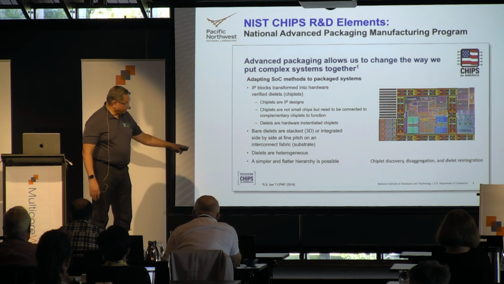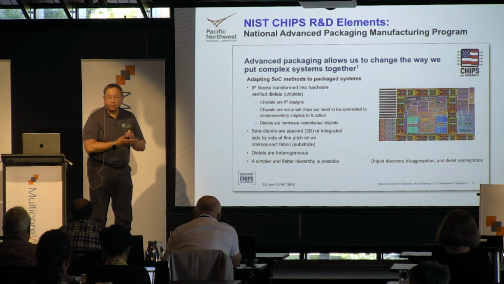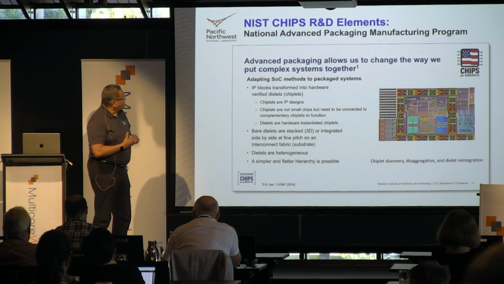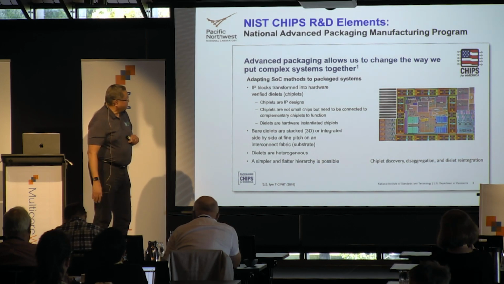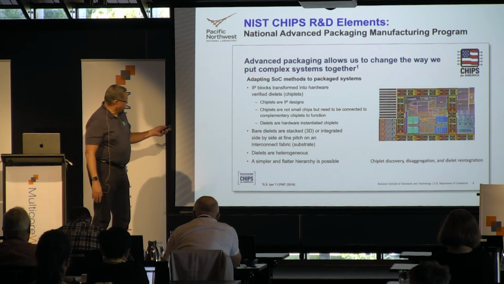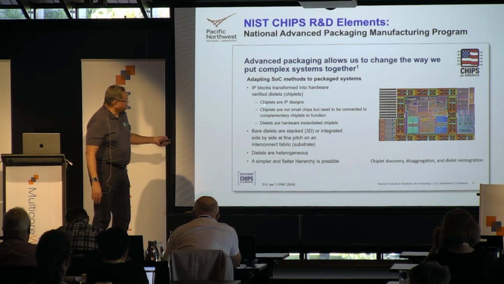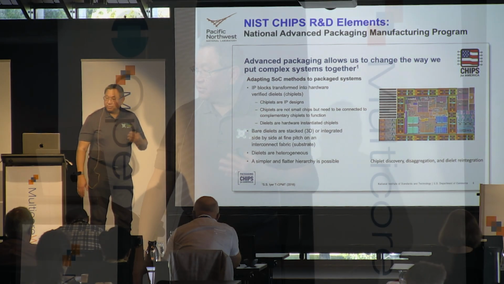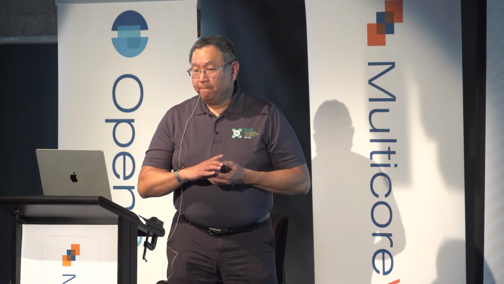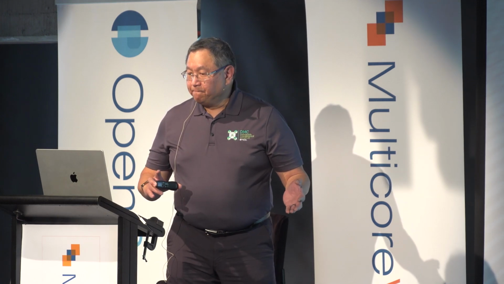At this point in time, in 2016, he was a professor at UCLA. He's now the director of the NAPMP, National Advanced Packaging Manufacturing Program. So he makes this point, the distinction between chiplets and dielets, which is important to keep in mind. But ultimately, what we're talking about are the building blocks that support prototyping and testing of different types of heterogeneous computing concepts. So I'll come back to that.